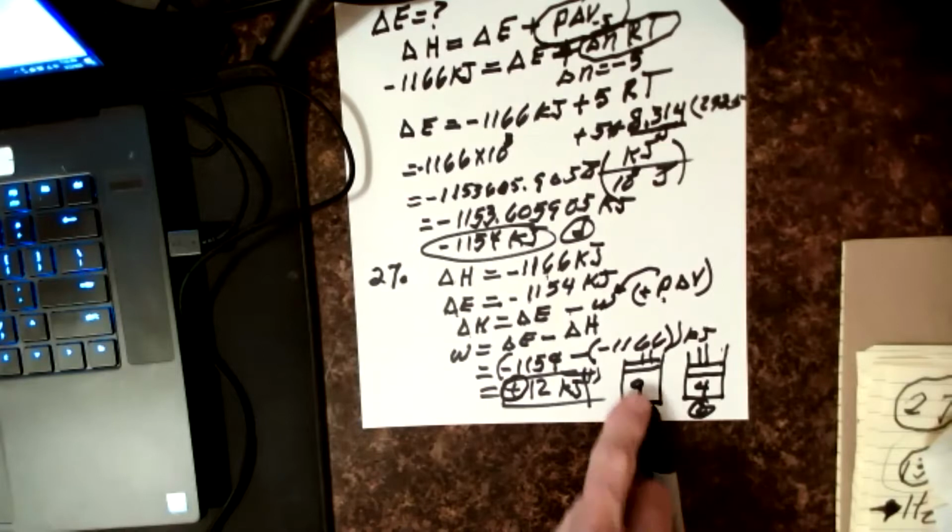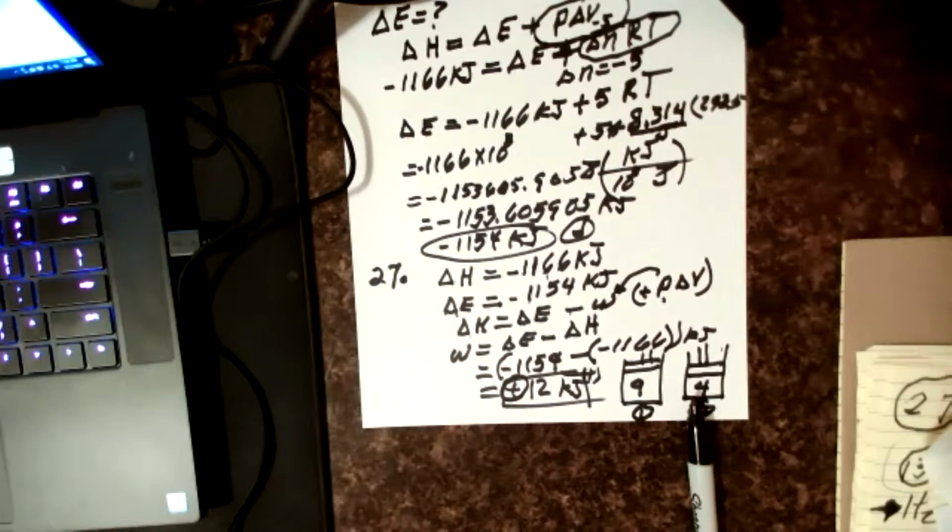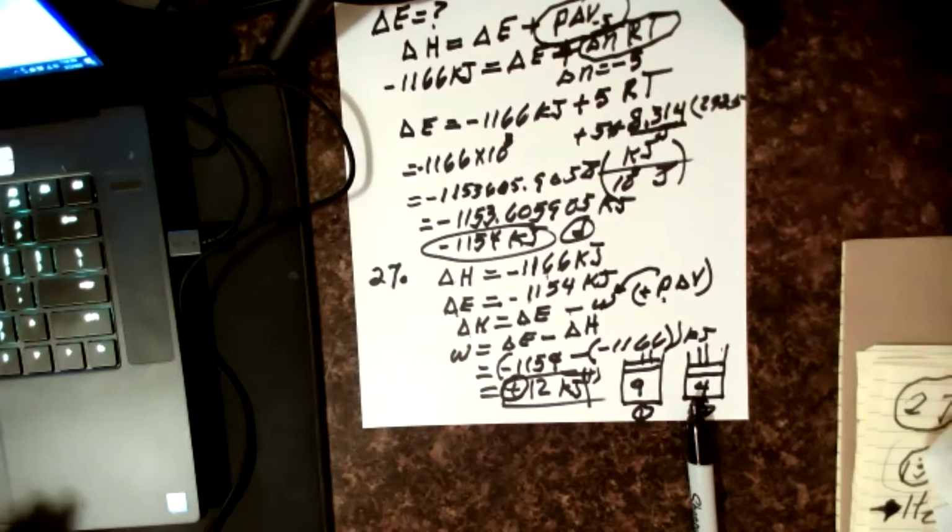But by making that comparison, I know it's not the negative, it's the positive value, because there had to be work done on this system because it went to a smaller volume in the products than it started out as in the reactants. So that's always check your units, check the sign, and check to see if the answer makes sense.